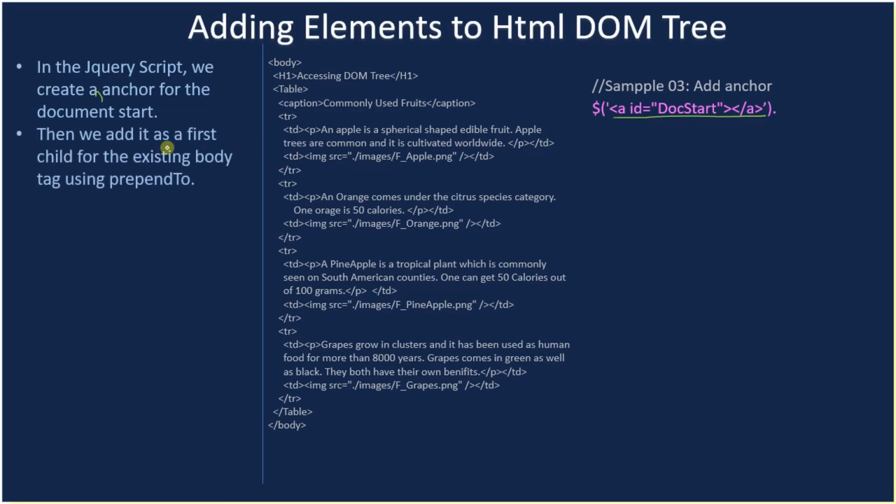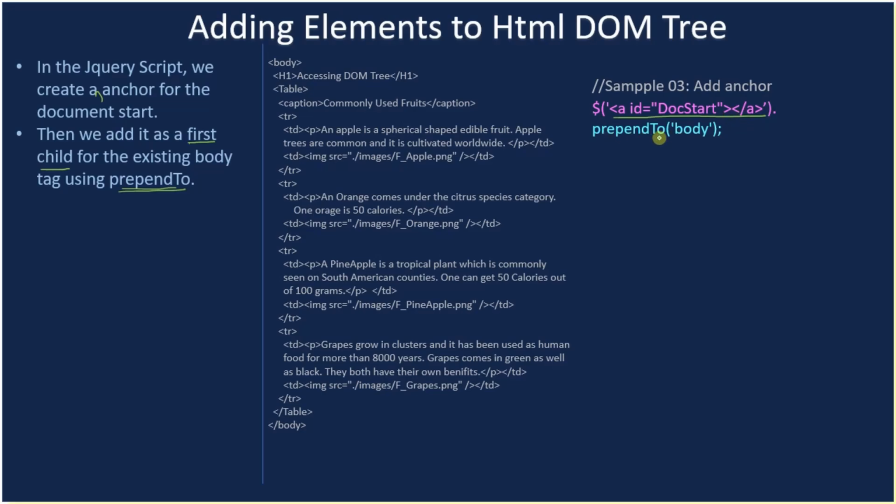Then we add it as a first child for the existing body tag. So we use the prependTo method for that, right? So the element anchor is created. Then we are telling, where do you want to attach that to the existing DOM tree?